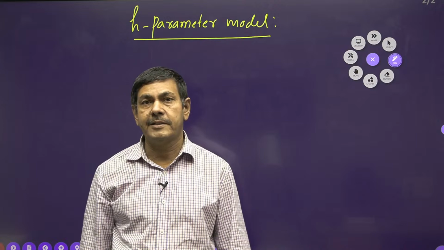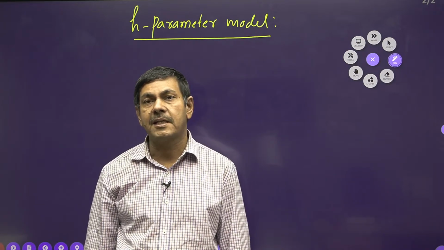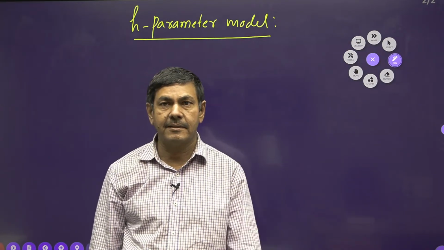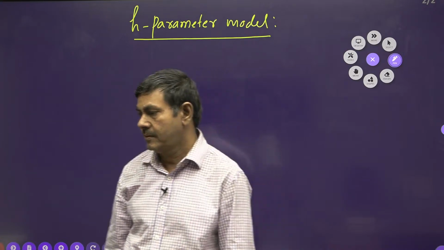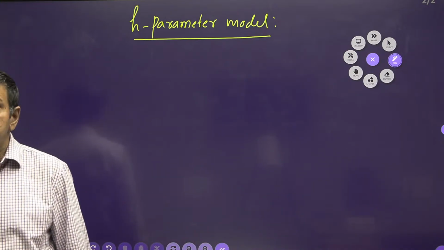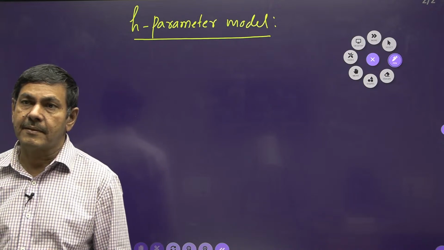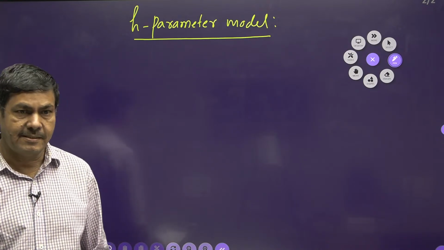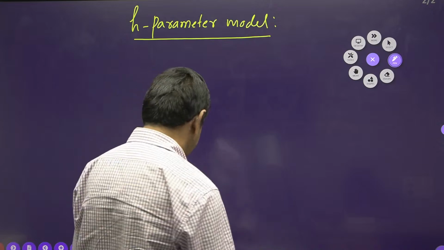Then after, I will give formulas related to the H parameter equivalent circuits. But from the networks, everybody knows what the H parameters are. How can we write H parameters from the network?